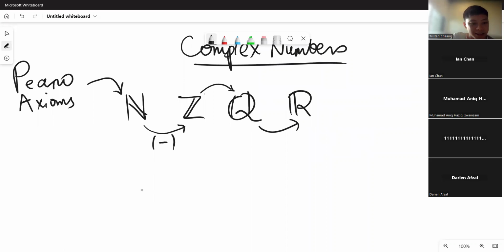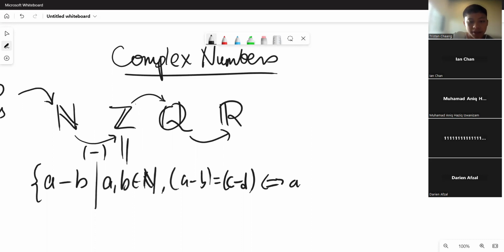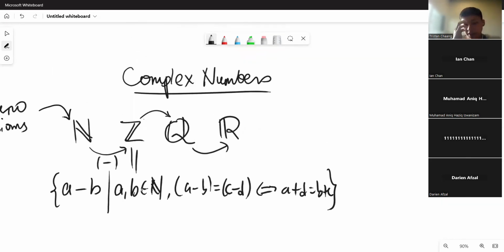Z is actually a set of a minus b such that a and b are in N, and a minus b equals c minus d if and only if a plus d equals b plus c. Well, that's one way you can do it. Of course, I'm being very vague here, a little bit more logical, but still not logical enough to be formal.